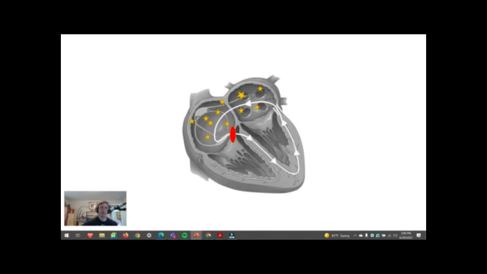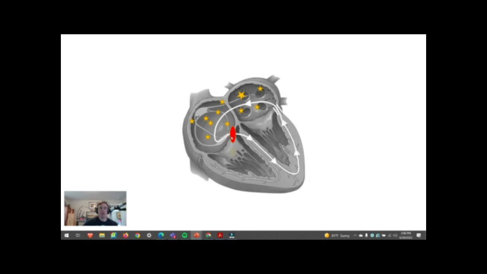Now imagine that it is going through the normal conduction system. With AFib, you can have 500 to 600 little focal impulses throughout the atria that are firing away. Normally, some get through to the accessory pathway here, but a lot of them are slowed down or blocked by the AV node.